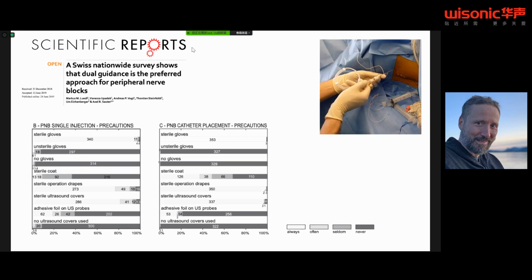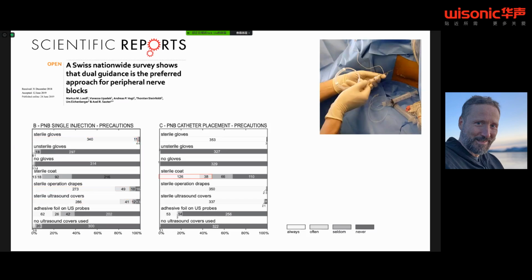And this study was performed at the Inselspital, the University Hospital in Bern in Switzerland. As you can see on the left-hand side, most Swiss anesthesiologists would use sterile gloves when performing single injection techniques. They would also use sterile operation drapes and sterile ultrasound covers. And on the right-hand side, and this is not so surprising, the numbers are even higher, so almost 100% would go for sterile gloves, sterile operation drapes, and ultrasound covers.